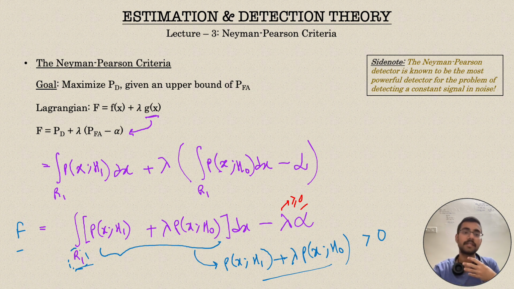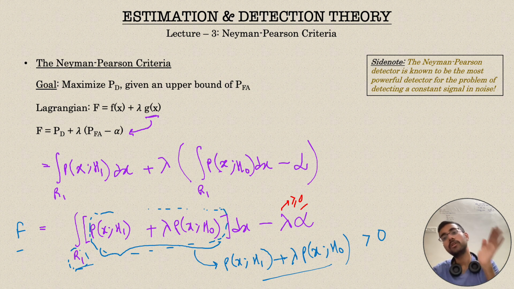This is the optimization criteria that we have set, because this will decide the boundary of this problem. This entire function, if it is positive, then the area would gradually go into the positive segment, and if it is negative, the area will go to the negative. In that way we are trying to optimize it. For all those values of x, if this particular expression is greater than 0, then it goes to R1.